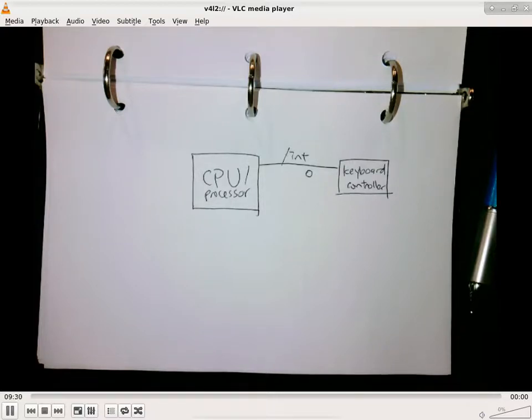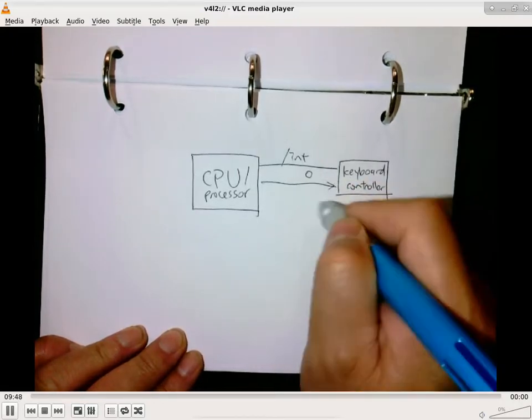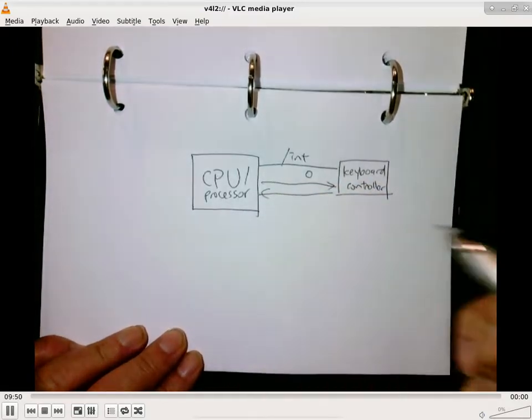I have to finish the one instruction that I'm executing, and then I'll say, okay, now I'm ready to service the interrupt. Servicing the interrupt in this case is really just having a conversation with the keyboard controller and saying, what key is pressed? Oh, this key is pressed, and so on.